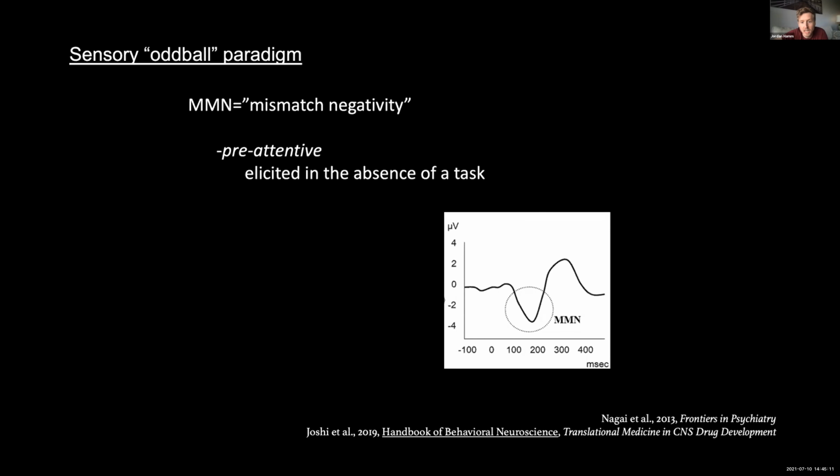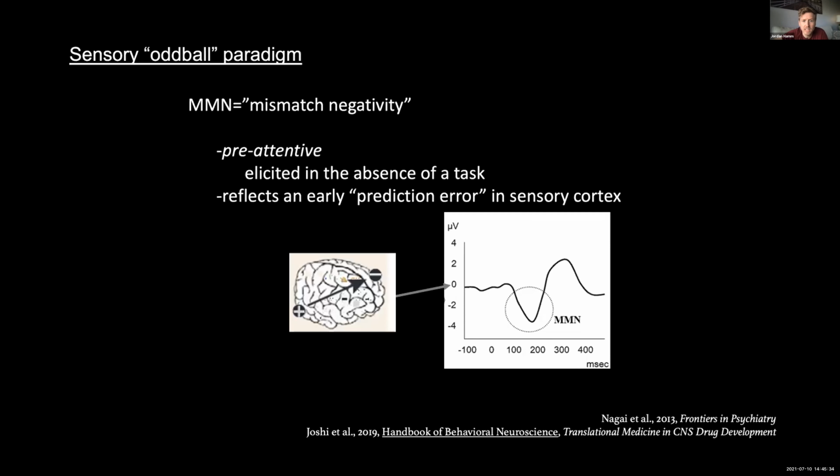Oftentimes to elicit the mismatch negativity, the person will be told to pay attention to some movie on the screen, and the mismatch negativity will be generated by the auditory stimuli, or vice versa. It's an obligatory response. It's not necessarily the same thing as startle. It's not necessarily the same thing as attention. It's thought to reflect an early sensory prediction error in primary sensory cortices.